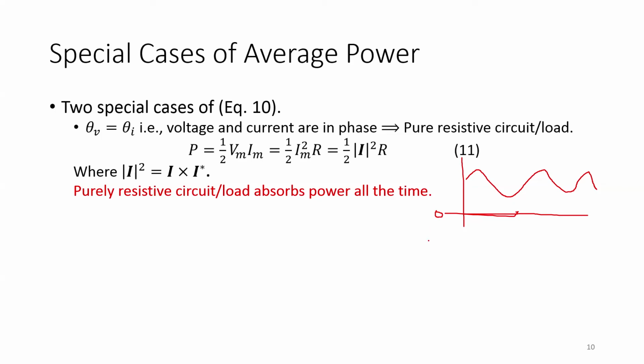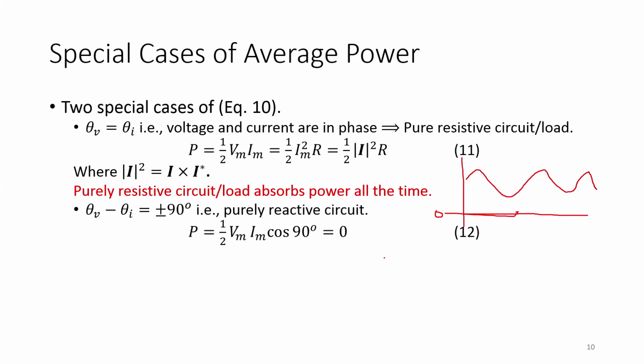The second case is when theta v minus theta I is plus or minus 90 degrees, which means a purely reactive load, purely capacitive or purely inductive. In that case this angle would be 90, the cosine results in 0, so the average power would be 0.